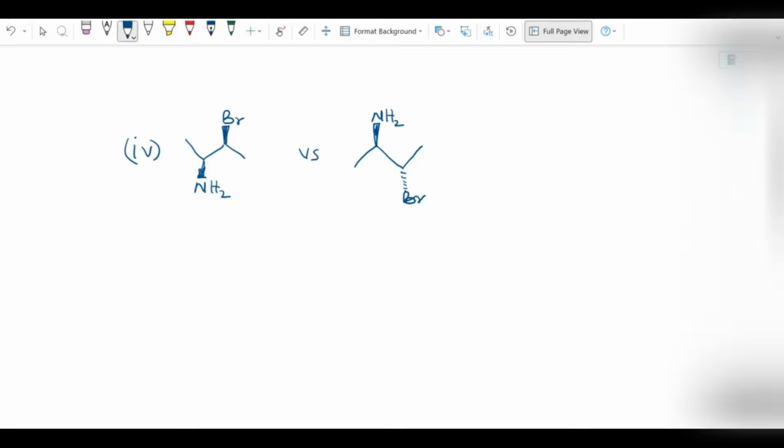In this question, we're asked to identify the relationship between these two compounds. It's always good practice to number your carbons, the carbons on the main chain. So here, the NH2 is facing down. Here, the amine is pointing up. And the bromo groups are pointing in opposite directions.